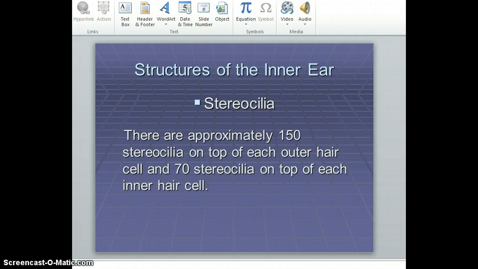Also, there are approximately 150 stereocilia on top of each outer hair cell and approximately 70 on top of each inner hair cell. Stereocilia. Say that fast 5 times.